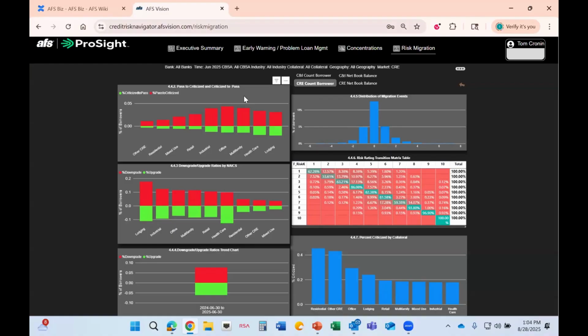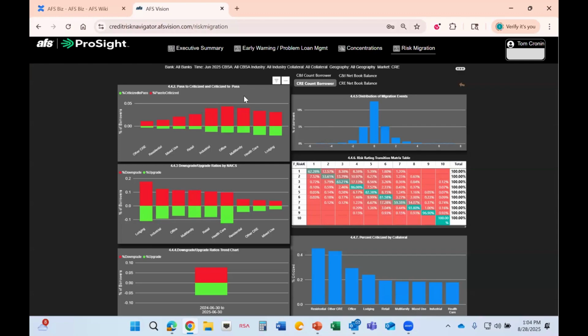There's a column for each property type, the major property types, and we map every bank's native borrower risk rating to the RMA, the ProSight 10-point scale. Borrowers rated 1 through 6 are pass rated. Borrowers rated 7 through 10 are criticized, and that's your typical regulatory definition of special mention, substandard, doubtful, and loss.